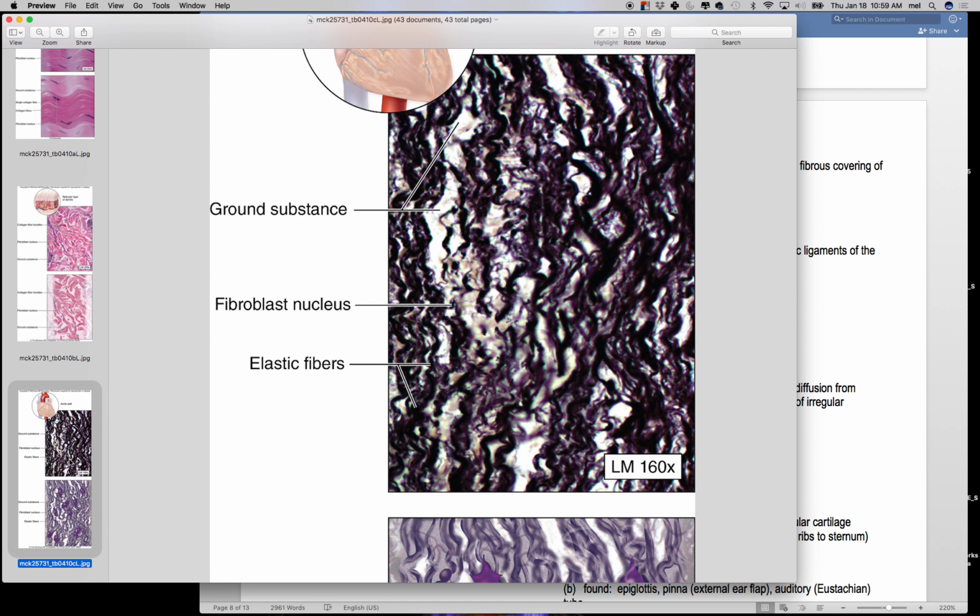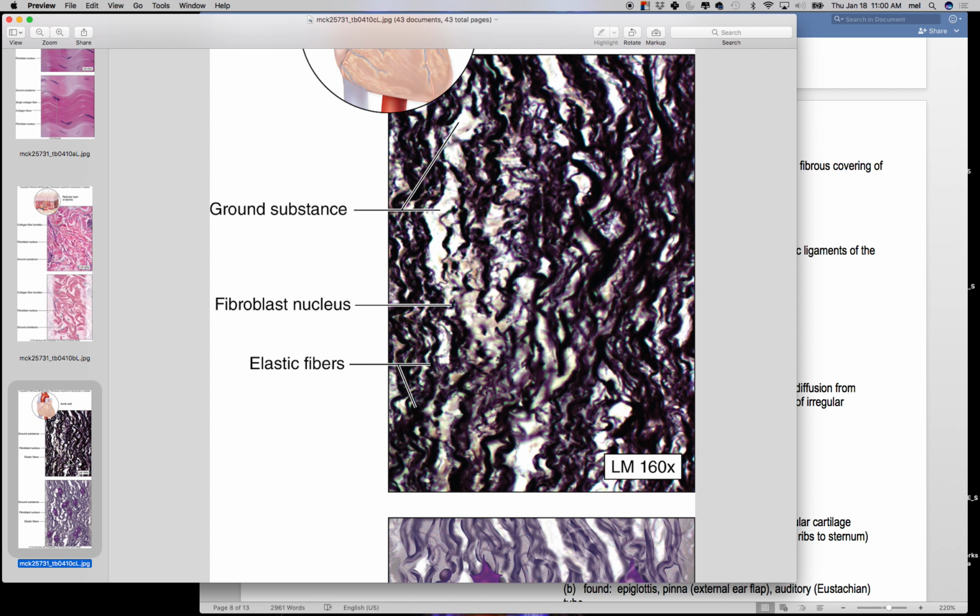However, it does look dense, and you can probably guess that it's elastic fibers because they're so dark, right? And they're all sort of running parallel to one another. This would be really strong in this direction, right? But it'd also be stretchy. And they labeled one arbitrary little dark blob a fibroblast nucleus. There's no way you could tell that was a fibroblast. The whole thing looks like that, so I would not do that to you. It does have fibroblasts in it.